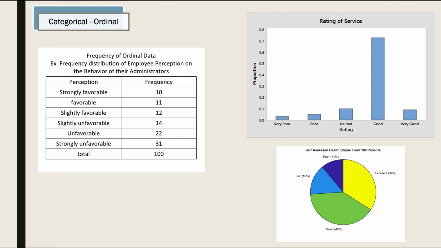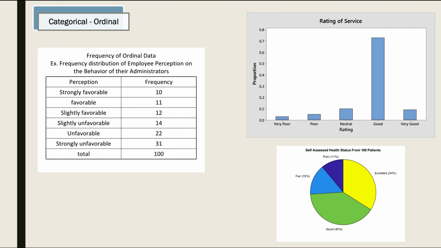So they say strongly favorable, favorable, slightly favorable, slightly unfavorable, unfavorable, strongly unfavorable. So we can see that there is an order within those categories. And we can see that there was a total of 100 people surveyed in this frequency table.